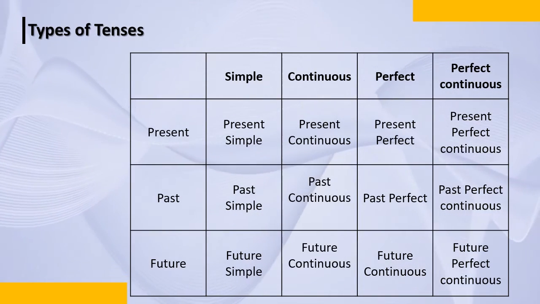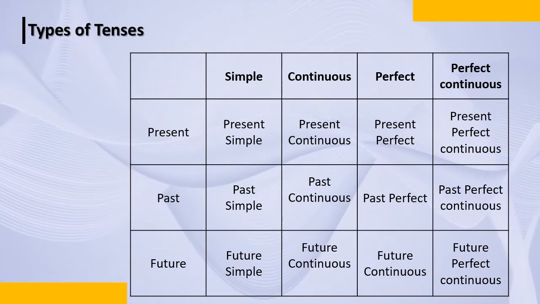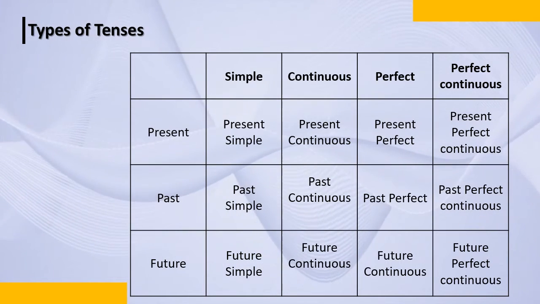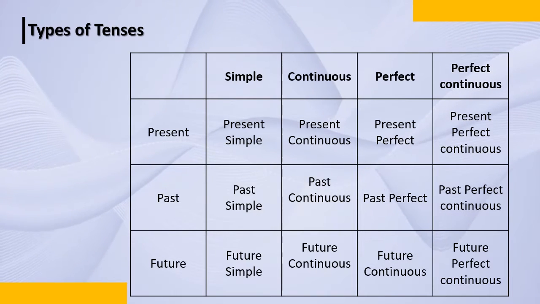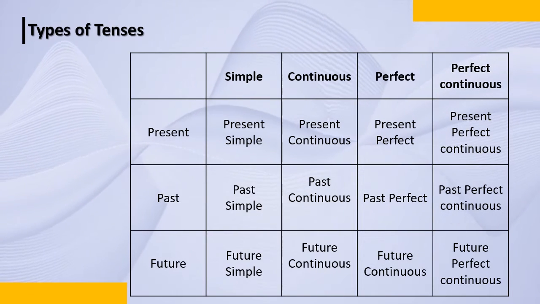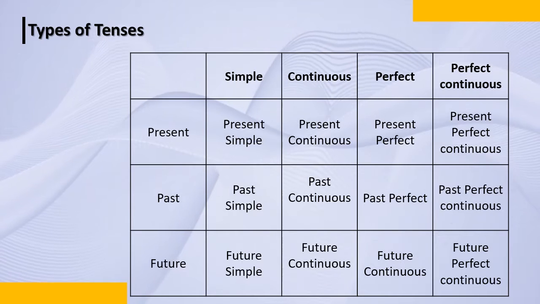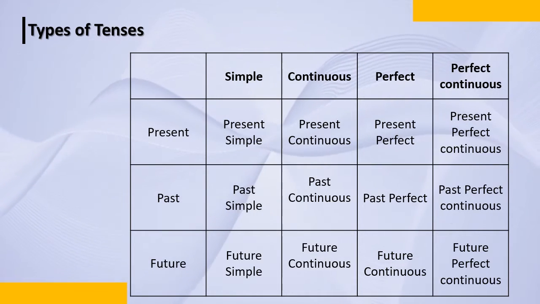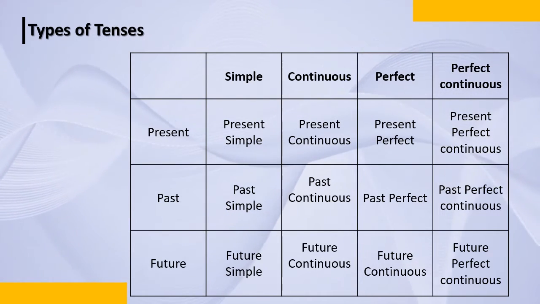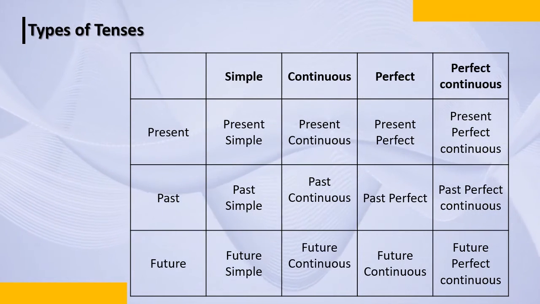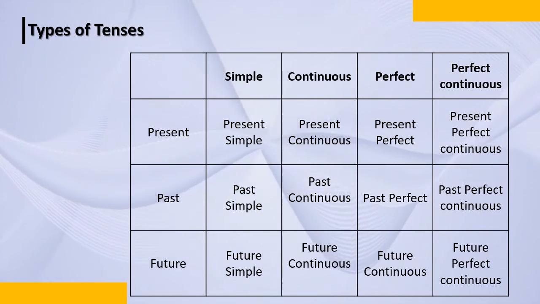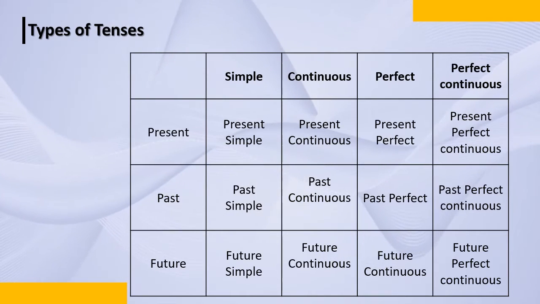Then you have past, which is normally about what has already happened. In the present, it is happening now, taking place now. Past is about yesterday. Past simple, past continuous, past perfect, and past perfect continuous. Future, which is about tomorrow.